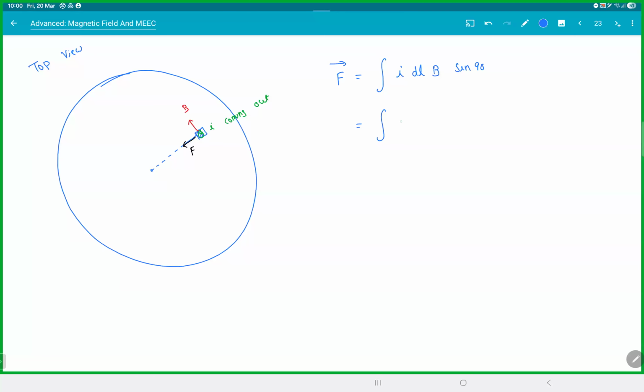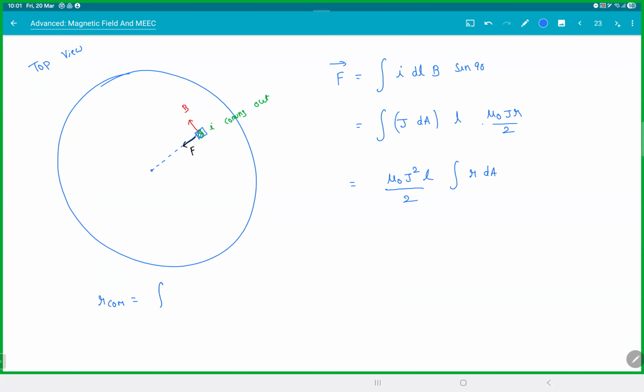The current I will be J into dA, that is your current. dl will be the total length of that entire rod, so that is L only, and the magnetic field is mu naught J r by 2. If you observe here, everything is constant: mu naught J square L by 2 integral r dA. Right? And you know this thing.